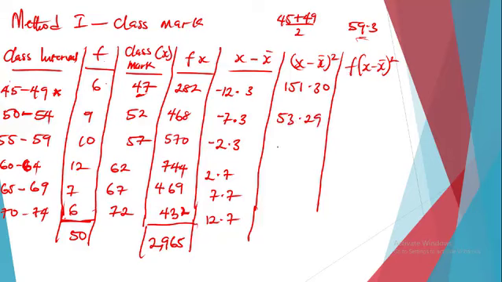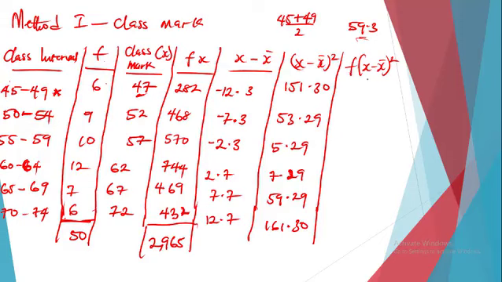Minus 2.3 squared will give us 5.29. 2.7 squared will give us 7.29. 7.7 squared will give us 59.29, and then we have 12.7 squared to give us 161.30.